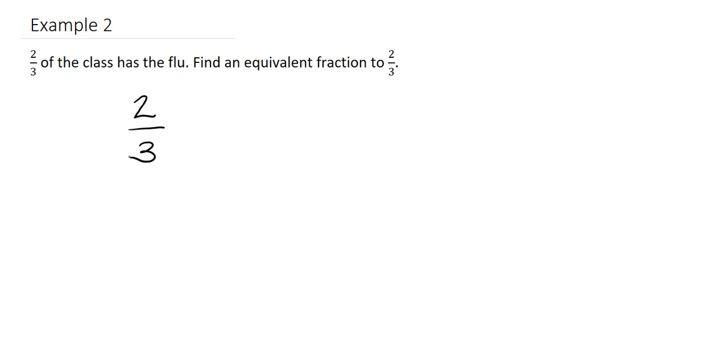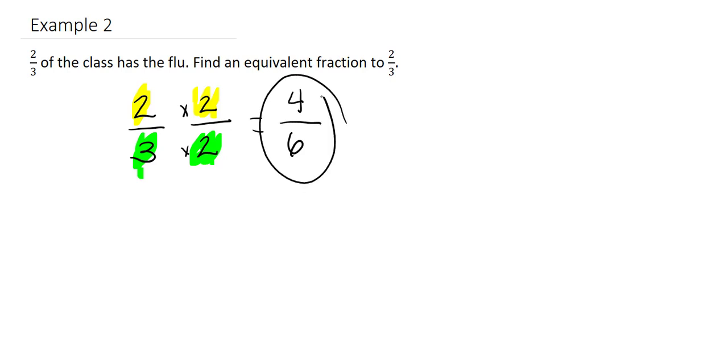What we can do is multiply then the top and the bottom by 2, like we did in the last example. So if we multiply what's on the top, and we multiply what's on the bottom, we get the following. So 2 times 2 is equal to 4. 3 times 2 is equal to 6. So we get 4/6. So that's an equivalent fraction.